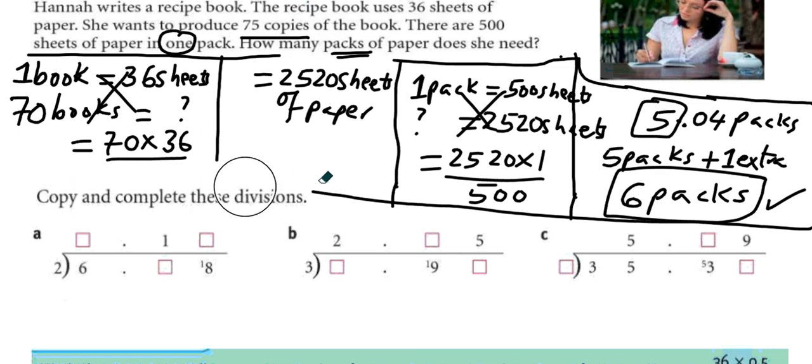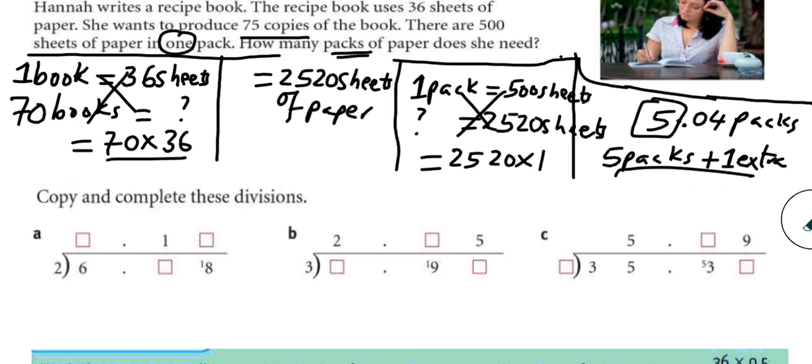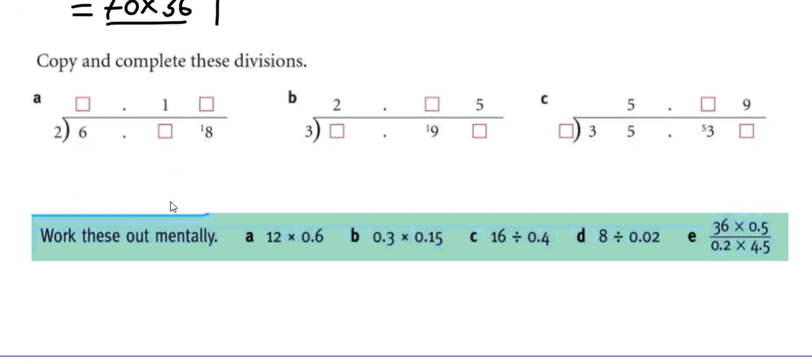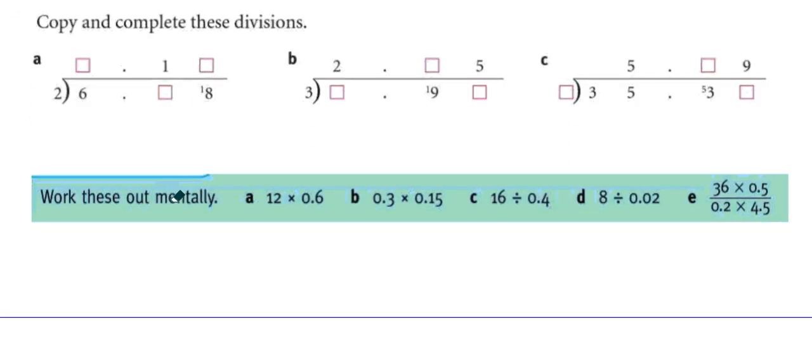All right, now let us do this question here. Copy and complete these divisions. Okay, we don't have to copy, so this copy instruction should not be here. So you can cancel that.